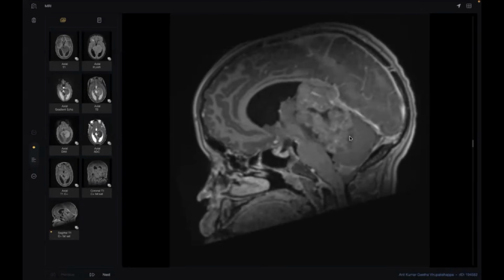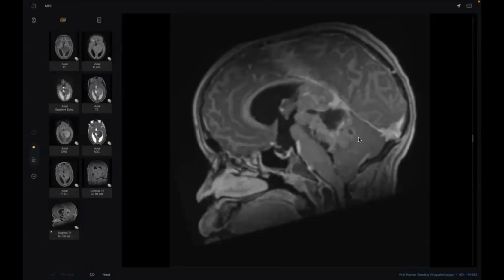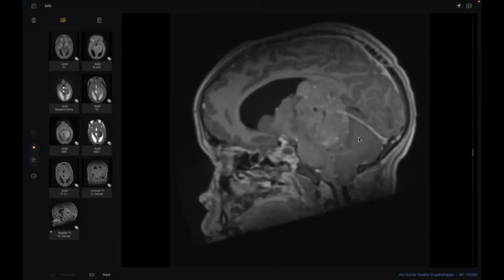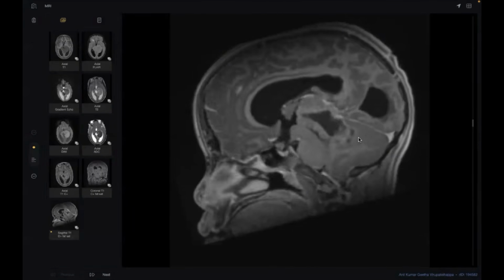The cerebellum is also looking abnormal. I think this is the tectal plate, which I can't appreciate on this sagittal image.